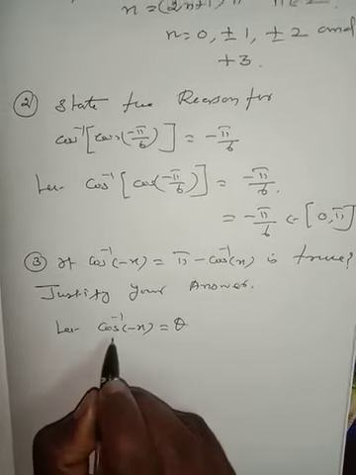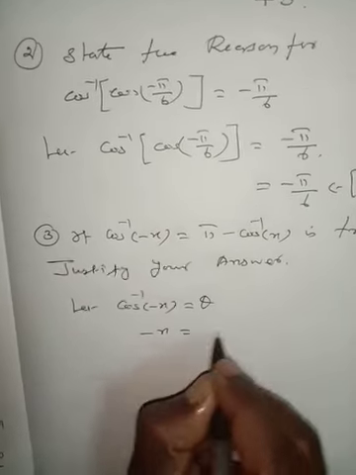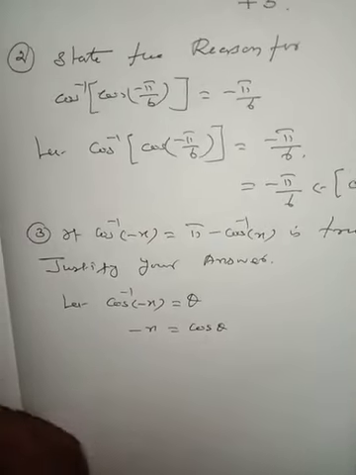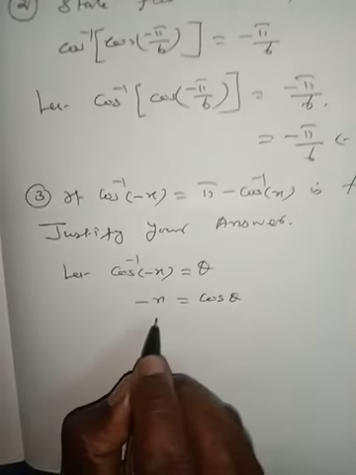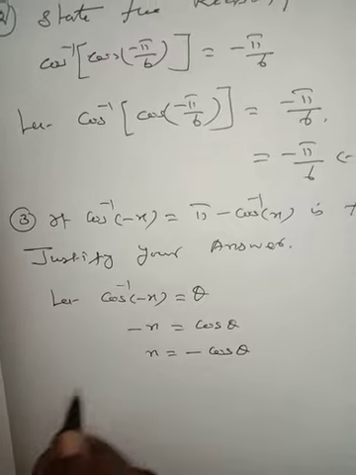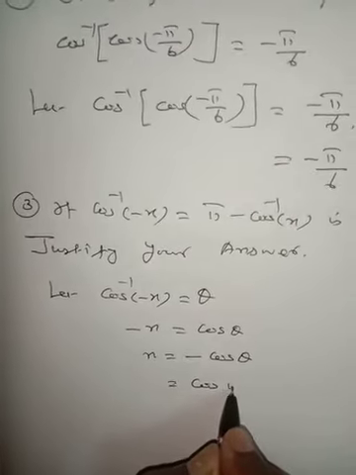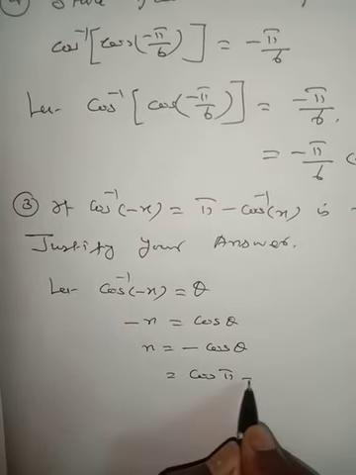Now taking cos on both sides, minus x is equal to cos theta. Next, x is equal to minus cos theta. This can be written as cos of pi minus theta.